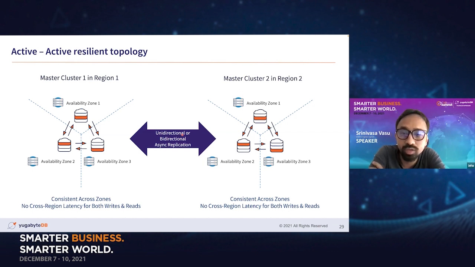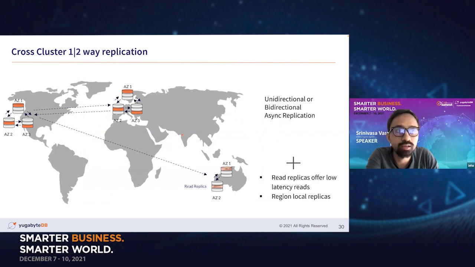So you can have your primary cluster deployed in your primary data center, and then another active primary cluster in your DR data center that can serve both your read and write traffic. And then you can enable replication between these 2 clusters as well. So this is active topology, and you can apply the same read replica feature to this topology as well.